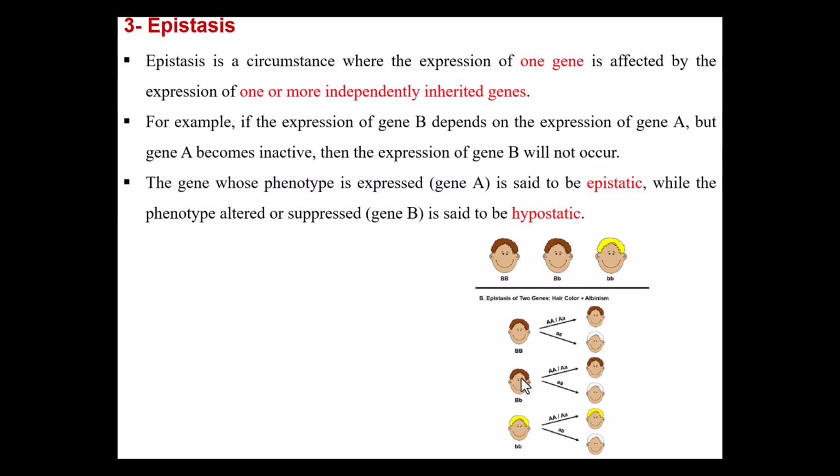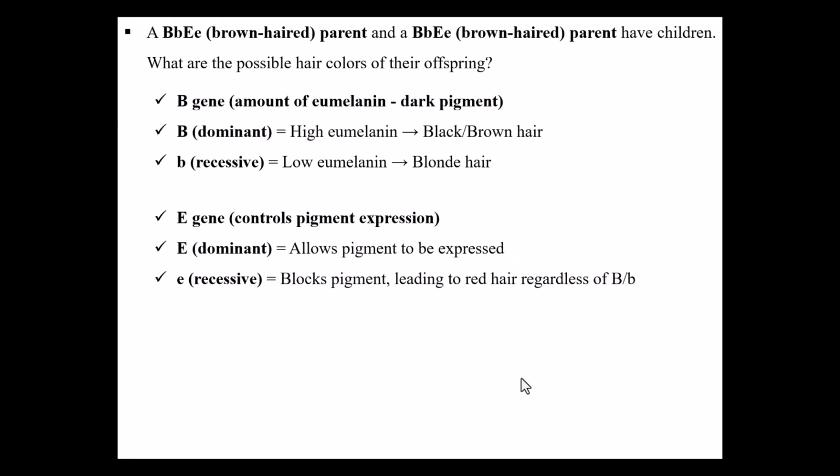This is very important. While the gene whose phenotype is altered or suppressed, which is gene B, is said to be hypostatic. See, we have hypostatic and epistatic gene. And tomorrow, during the Venn lecture, we're going to solve this problem.